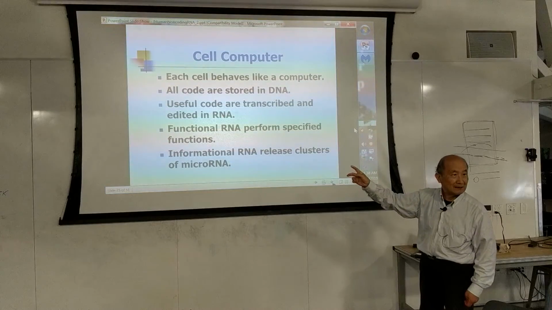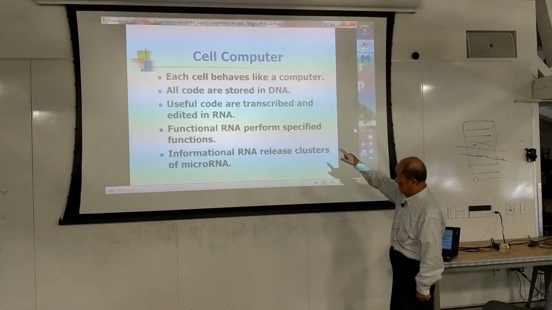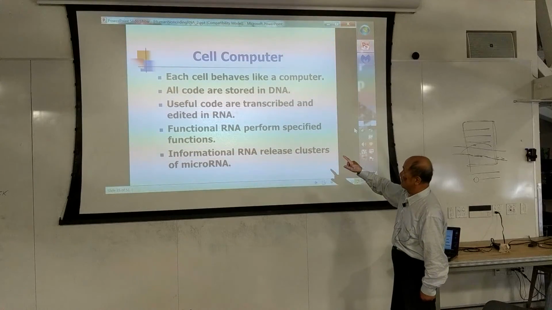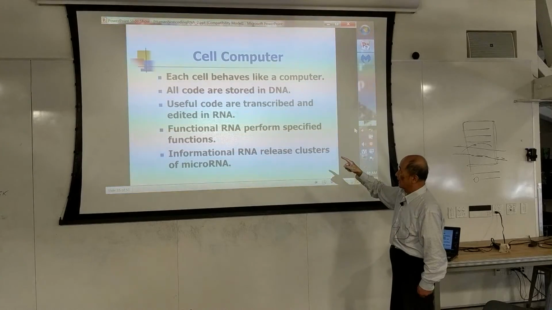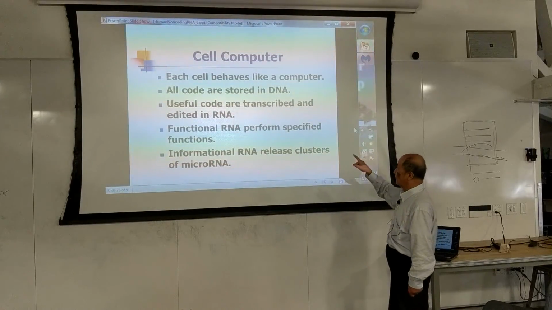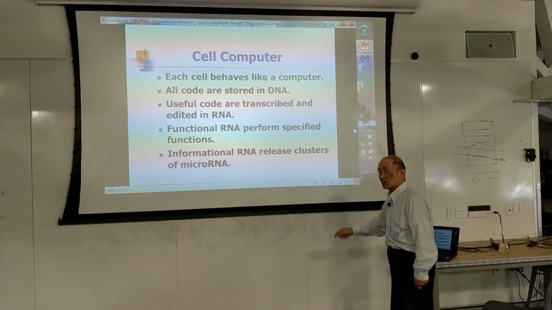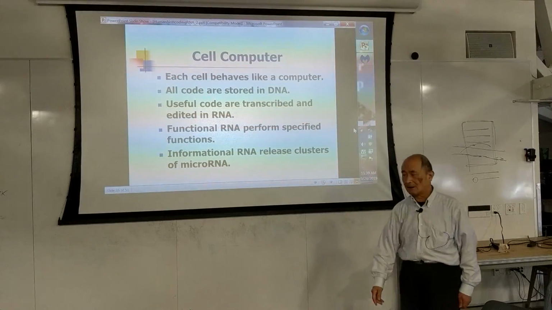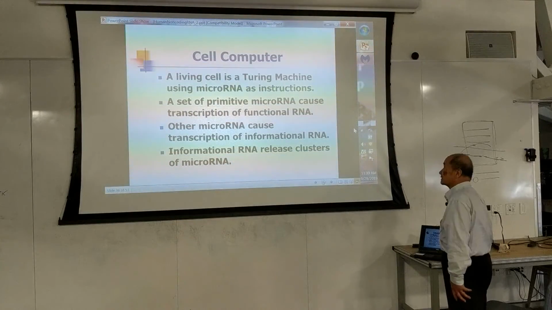The cell is doing exactly the same thing. Useful code is transcribed and edited in RNA, functional RNA performs specific functions, and informational RNA releases clusters of microRNA. So a living cell is a Turing machine, and microRNA is its basic instruction set.